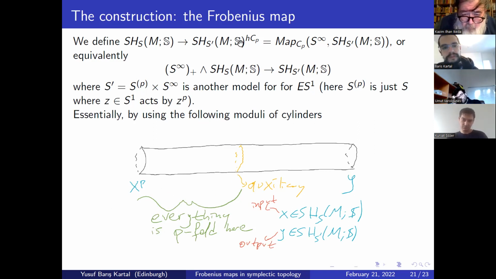As your input, you take an orbit X, you take its p-fold cover, and your output is Y here.